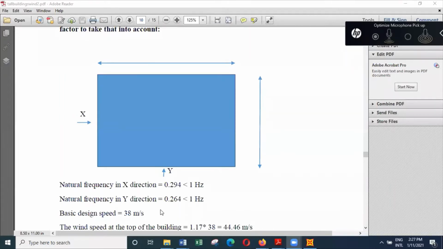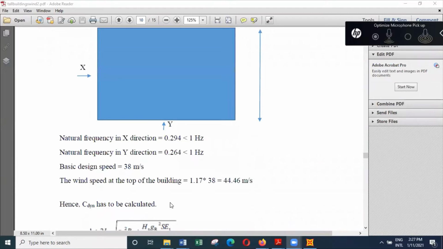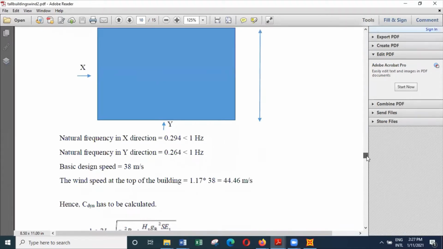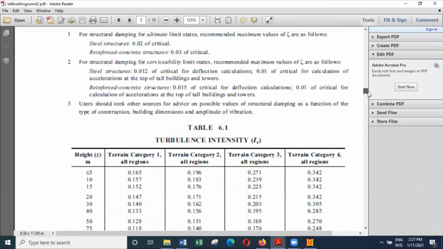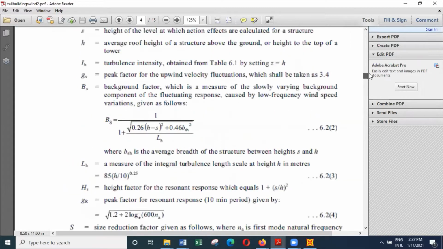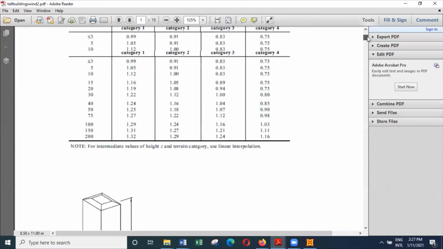And the basic design speed is 38 meters per second. We have to find the wind speed at the top of the building, and for that we have to use the terrain multiplier.